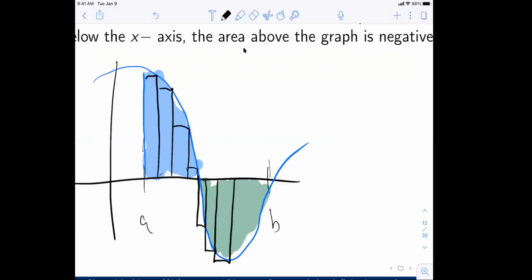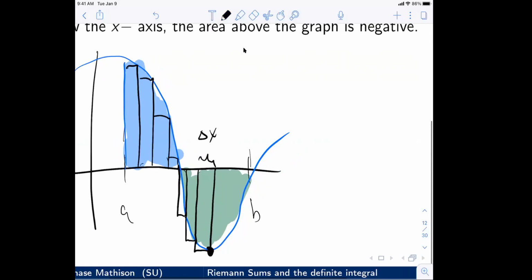But notice when we do this process of finding this width, delta x, and this function height at, we'll call this xk, well, f of xk down here, is it going to be positive or negative? It's going to be negative, right? This is going to be less than 0, and delta x, we're always taking to be positive.